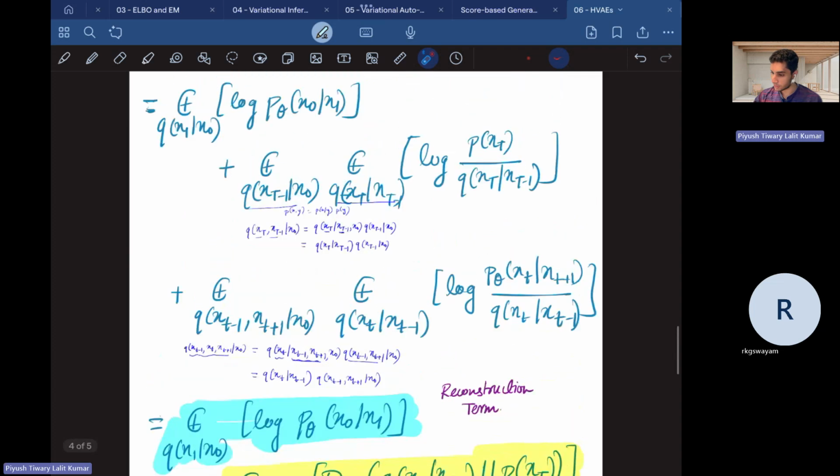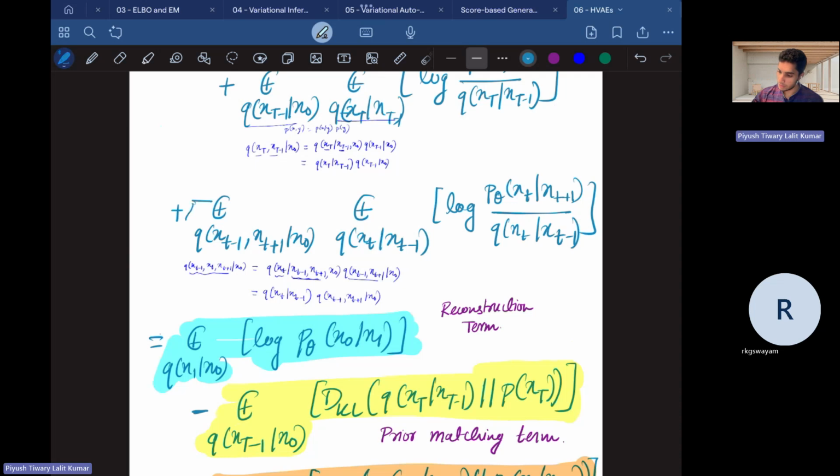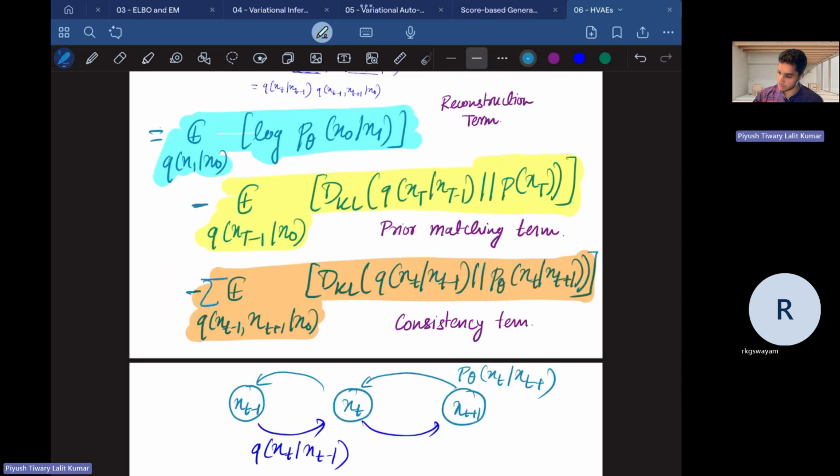I think I forgot that summation. There is a summation outside here. So basically what I'm trying to say is that when you have two random variables that you want to sample and then take the Monte Carlo estimate of an expectation, and that too over all the time steps, this expectation becomes a high variance estimate.